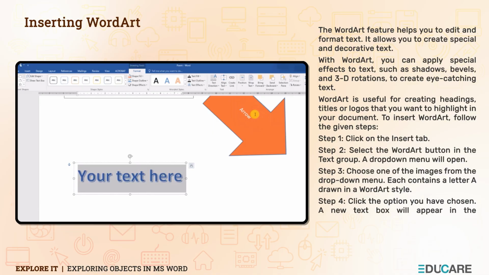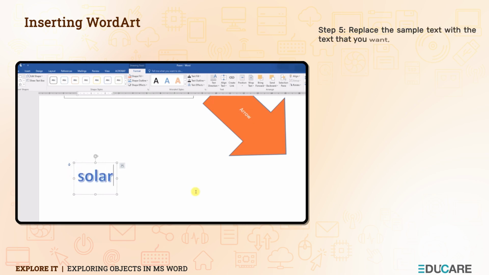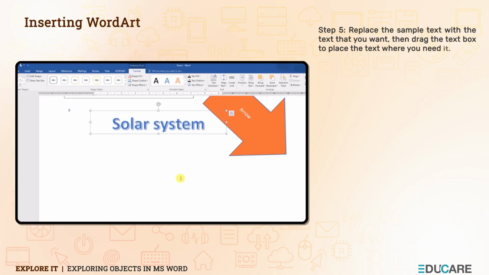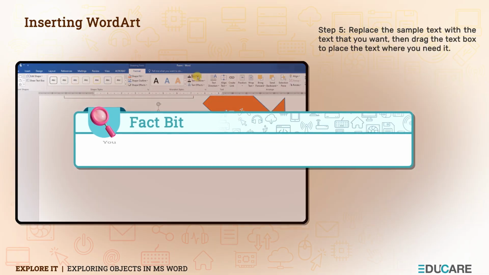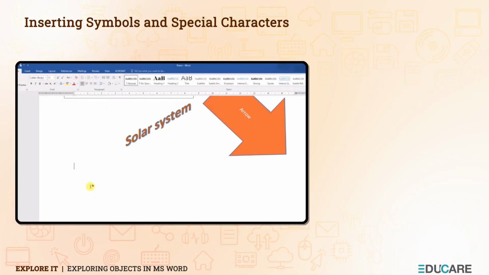A new text box will appear in the document, containing the message, "Your text here," in the style that you choose. Step 5. Replace the sample text with the text that you want. Then drag the text box to place the text where you need it. Fact Bit. You can use the Drawing Tools and Format tabs on the ribbon to customize the appearance of your WordArt further.